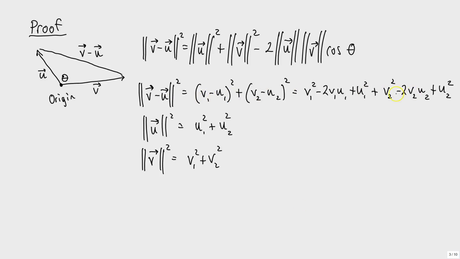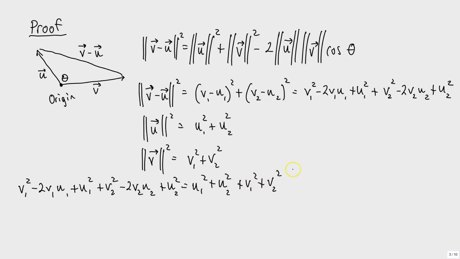So we plug this expression in right here: v1 squared minus 2v1u1 plus u1 squared plus v2 squared minus 2v2u2 plus u2 squared, and that'll equal this length squared plus that length squared, minus 2 times that length times cosine theta.